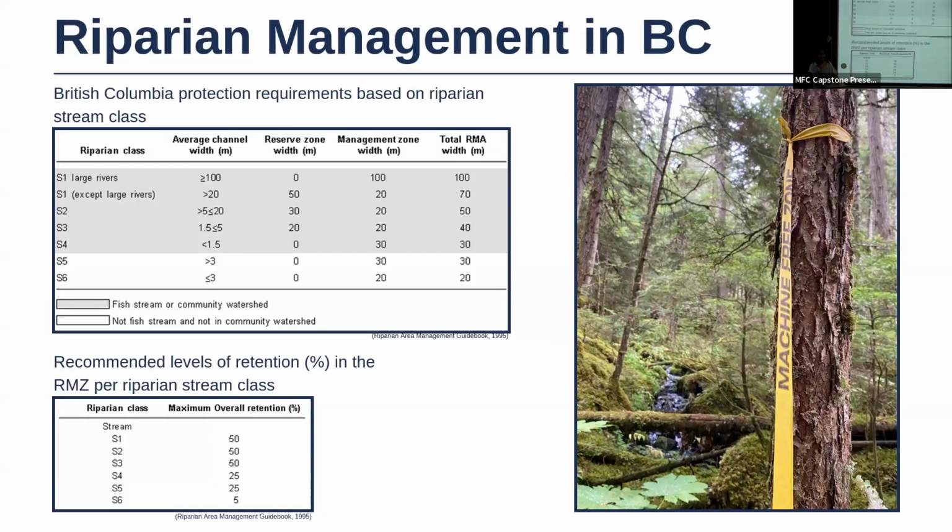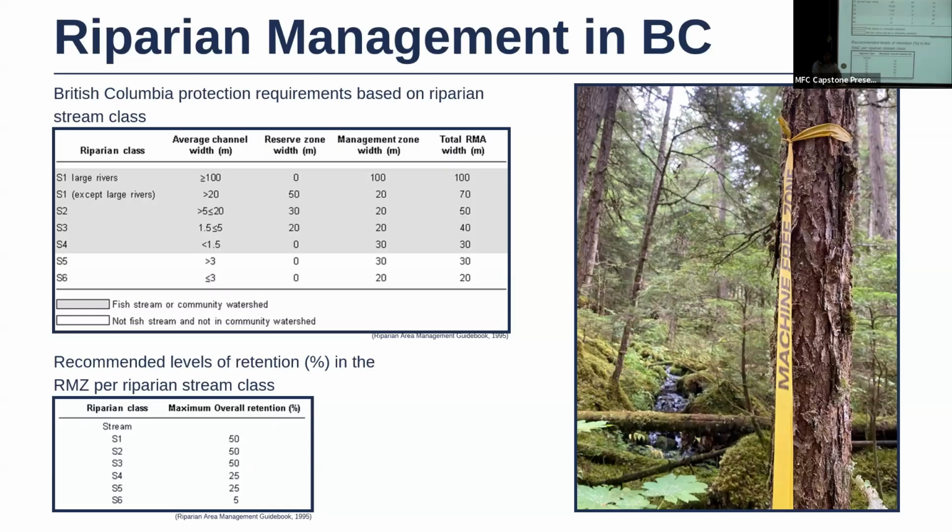I can't speak to the punishment. I will say the widths of the riparian management area and then the management zone and reserve zone are fixed width areas, and those are under legislation, you have to follow these zones. The best management practices come in with the average retention employed within the management zone.